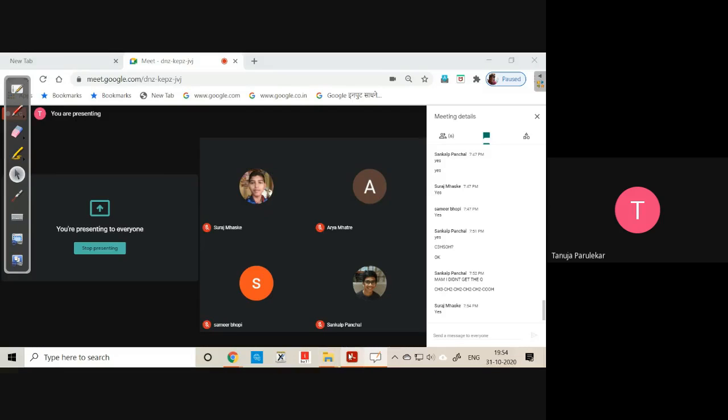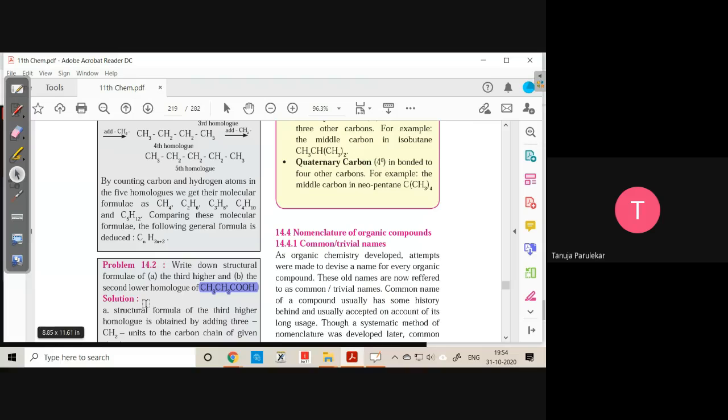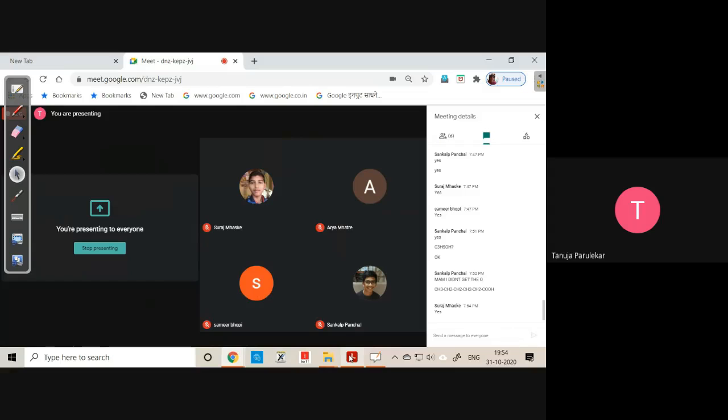They have asked us about the second lower homologue. How will you put this? Second lower homologue. Lower means now we have to go backwards. So if that is the case, then I think you will have to remove the 2 carbon atoms. So what will be the formula?